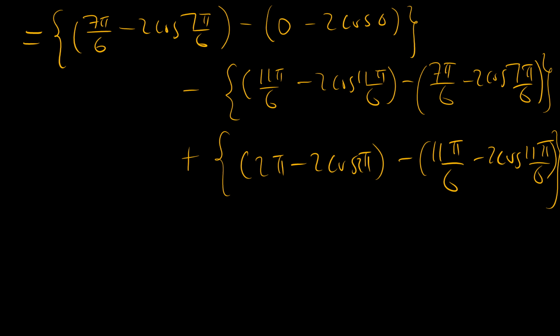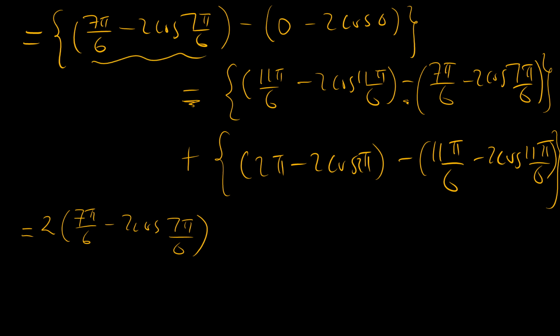So what we see here is that this negative and this negative here becomes a plus. So we have twice 7 pi over 6 minus 2 cosine 7 pi over 6. So this here and this.